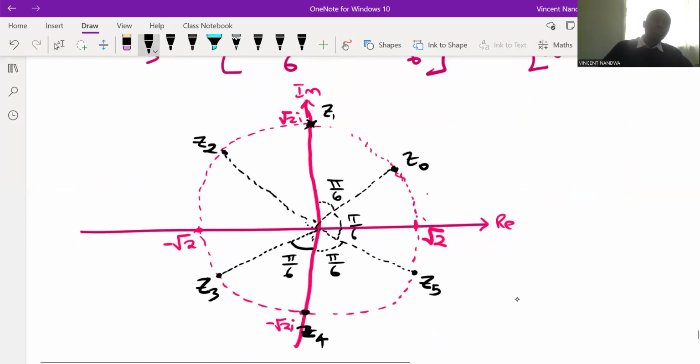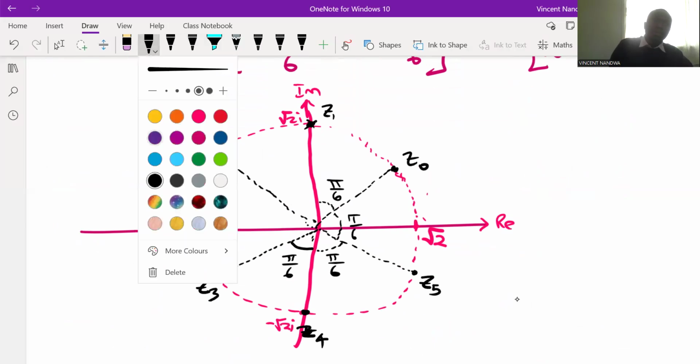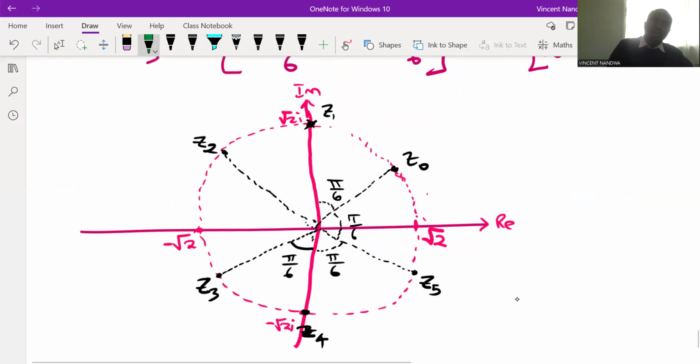So you realize that if you join these points on this circle, they form a polygon.